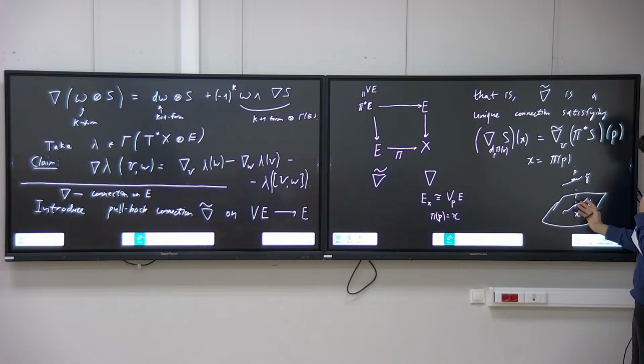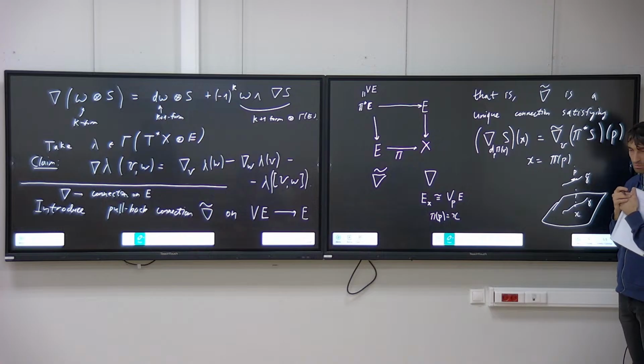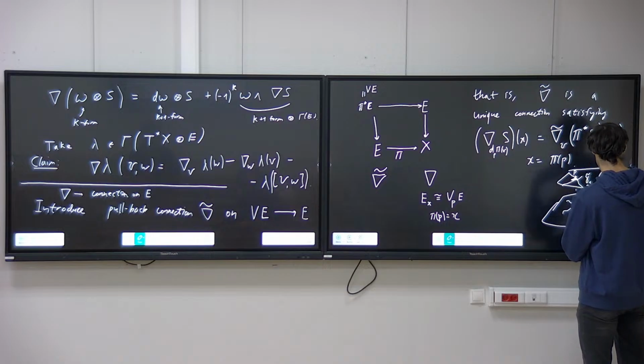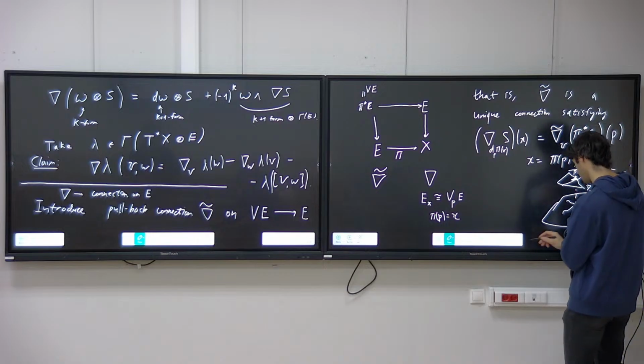But then I vary gamma and see what the tangent vectors are at P for all the parallel curves that I have at the top. And this will be exactly my HE. So maybe this is gamma 1, and then I have some gamma 2, and so here I have gamma 2 tilde, which gives me this vector here, and this gives me HPE, sorry.